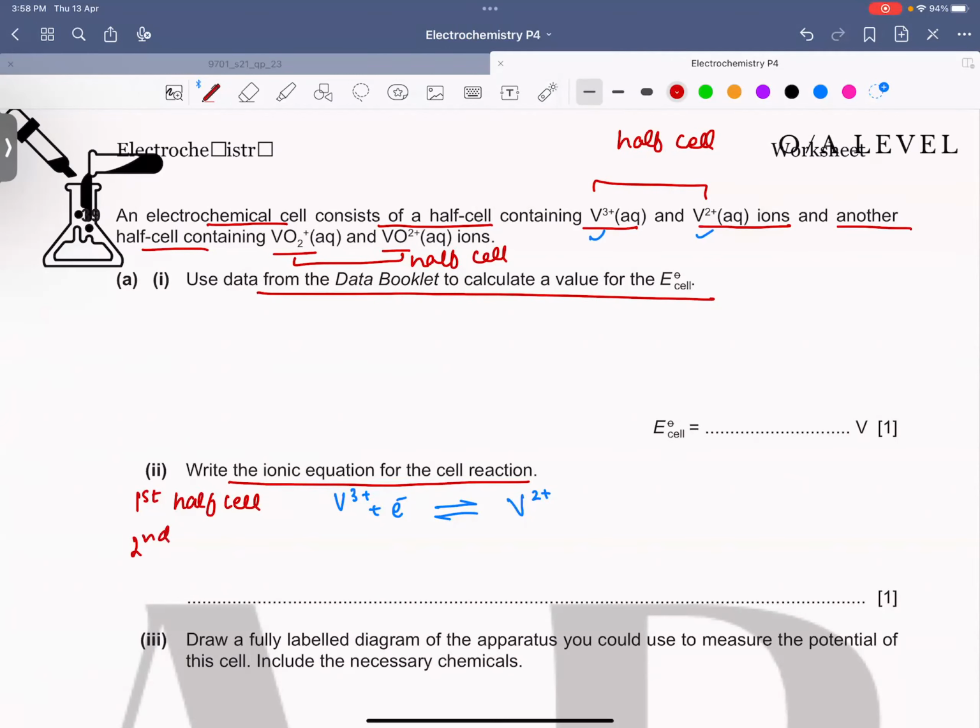In the second half cell, I have VO2 with a positive charge, and here I have VO with a 2+ charge.